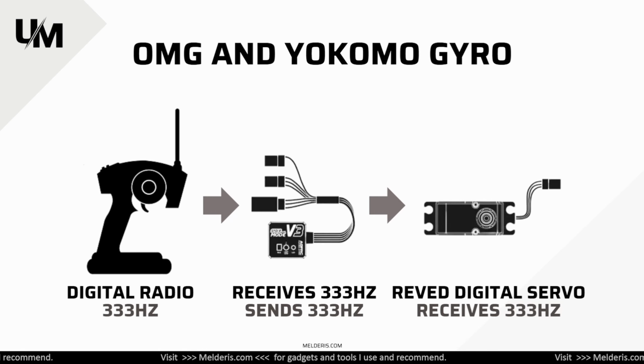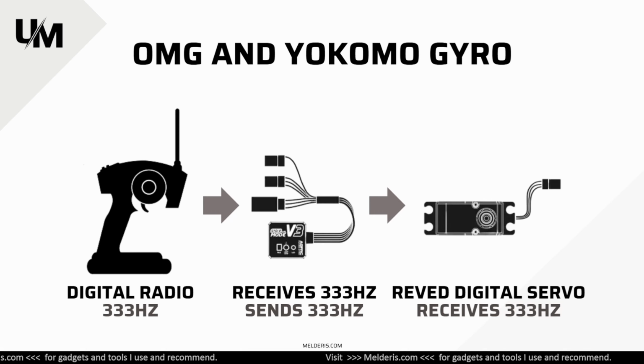So your radio system is digital and working at a high frequency, your gyro is working at a high frequency, and your servo as well is working at a high frequency. So this is the best option you can get, okay?